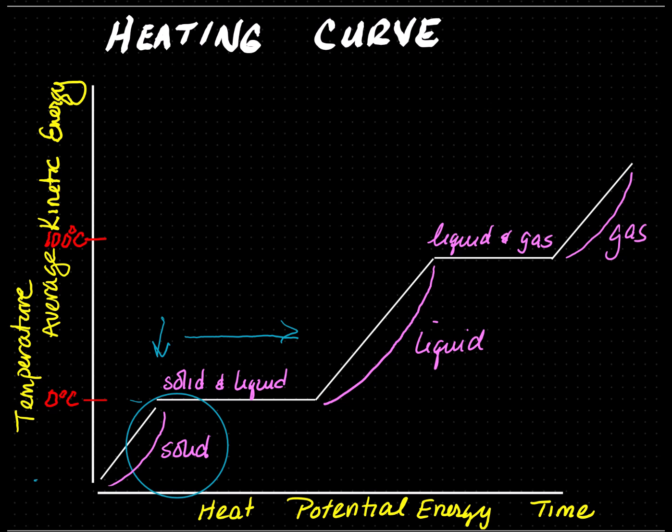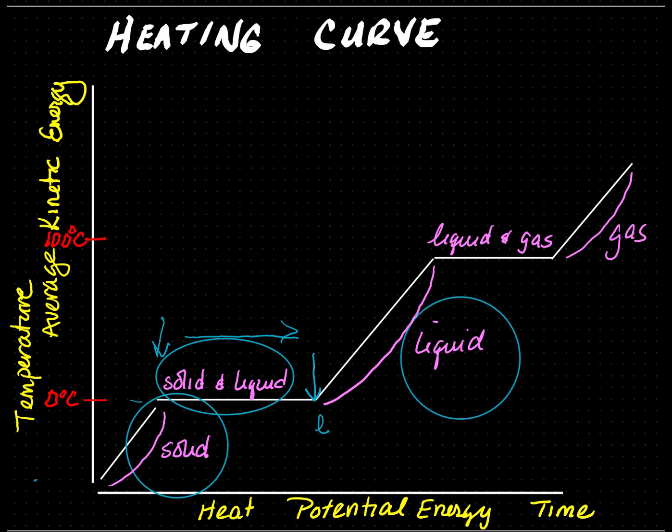The solid is turning slowly to liquid. Once we reach the end of the melting point, this will all be liquid. However, in between, we will have both solid and liquid. Above 0 degrees Celsius, the temperature increases and we only have pure liquid.